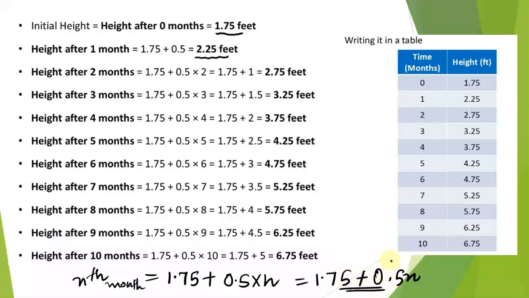So this will be a linear expression. Now what can you say about this from the table? Is it linear growth or linear decay? As the month increases, a fixed amount of 0.5 feet is increasing, right? So we can clearly say that it is linear growth.